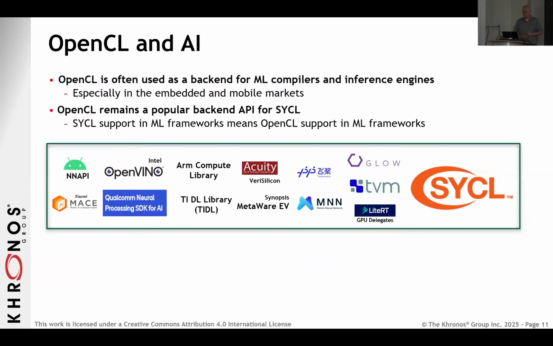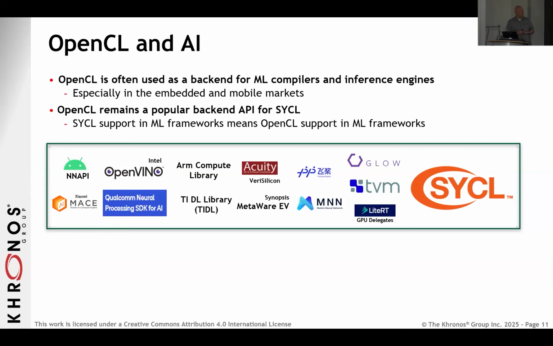OpenCL and AI. So AI seems to be important, especially for parallel computing and accelerators. So in the OpenCL working group, one of the questions that we frequently get is, does OpenCL support AI, or is OpenCL used for AI, or some variation of that question? And I'm happy to say that OpenCL absolutely is used for AI.